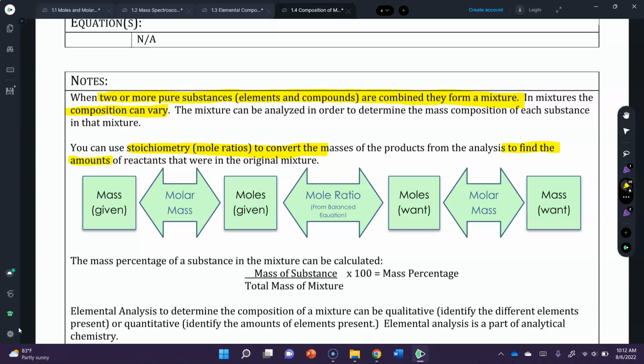Okay, and so we have a little mole map here to help us with that. The mass percentage of a substance in the mixture can be calculated using this formula. Notice that it is very similar to the percent composition for compounds, but this is like percent composition of stuff in a mixture. Okay.